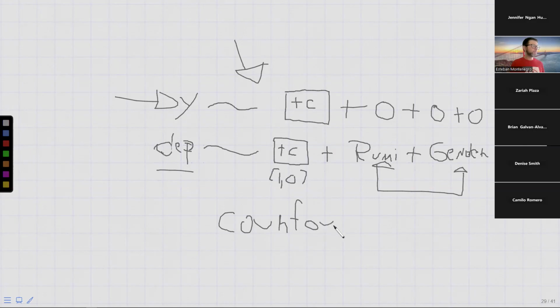C-O-N-F-O-U-N-D-I-N-G. What it means is that there is another variable that could explain the differences you observed between your treatment and control groups.